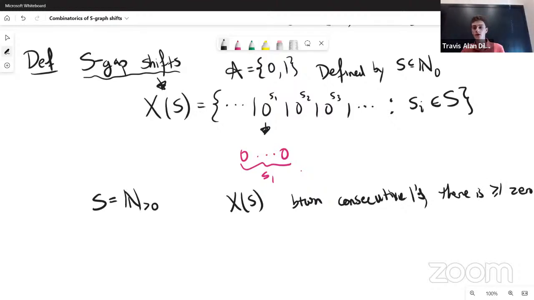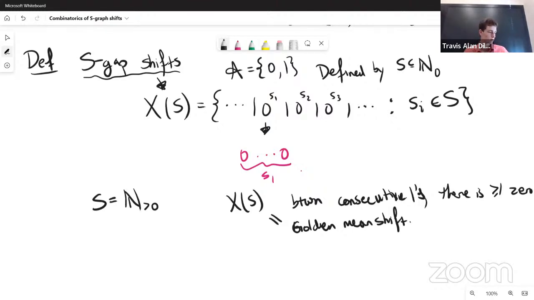And so we've actually already looked at this. What this is saying is that you can't have two ones without a 0 between them. And so this is actually equal to the golden mean shift that came up before. So that's a special case of S-gap shifts. Many other very particular examples are also classes of S-gap shifts.